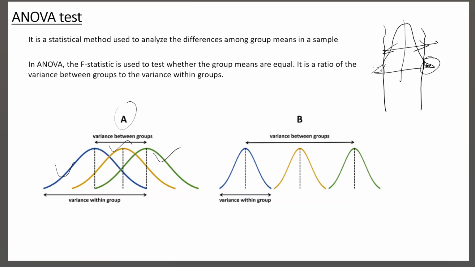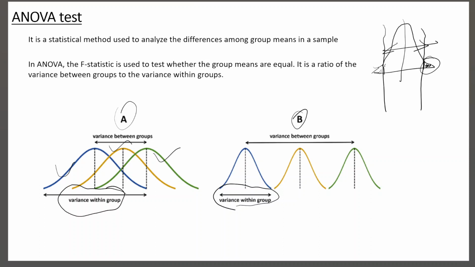You can see in case A, the variance between the groups is very small. But in the B category, there is a huge difference in the variance between the groups. The variance within the group is small compared to the variance between the groups.